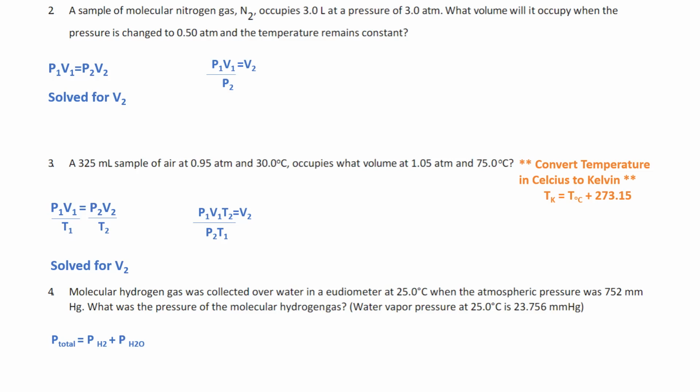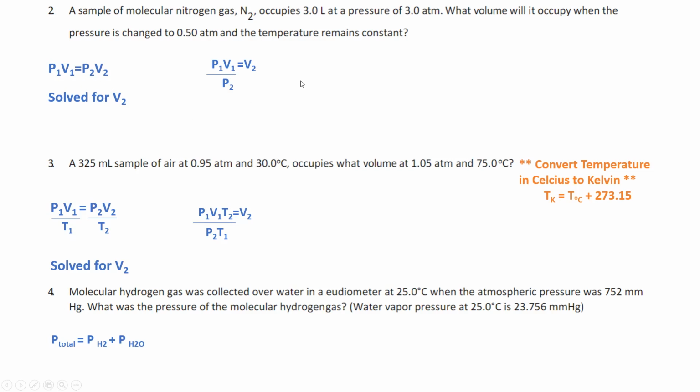There's an initial 2 variables and a final 2 variables. So in this case, everything else is being held constant except for the pressure and the volume. The pressure went from 3 atmospheres to half an atmosphere. So we know the initial pressure was 3 atmospheres and the final pressure was 0.5 atmospheres. We know the initial volume was 3 liters and we're trying to solve for the final volume.